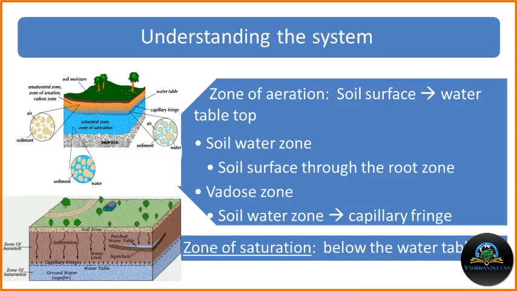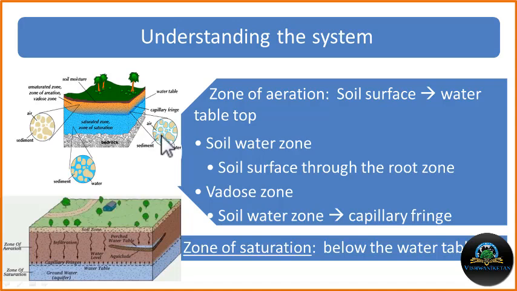Now when we go deep inside the earth, the first zone is the zone of aeration. In this zone, the cracks, pores or openings are filled by air only. After this, there may be the soil water zone.